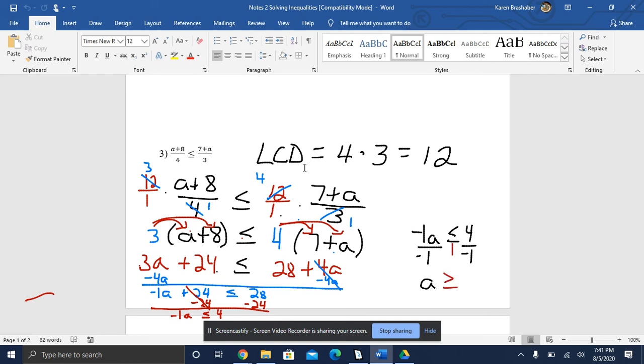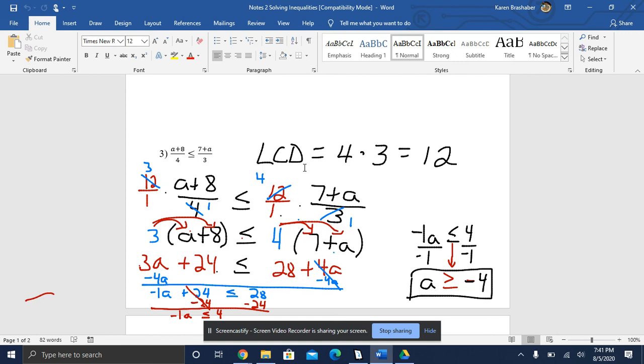So it had been less than or equal to, look at it reversing, and then 4 divided by negative 1, making negative 4. So my final answer, a, is greater than or equal to negative 4.